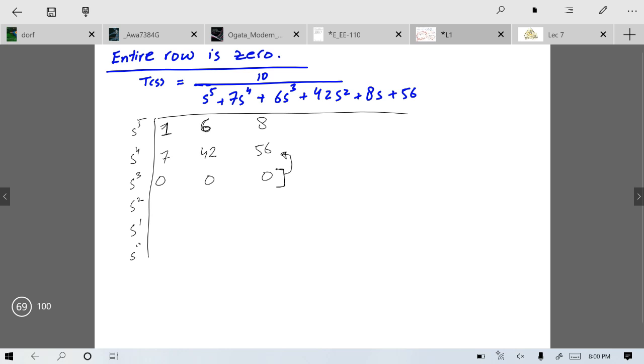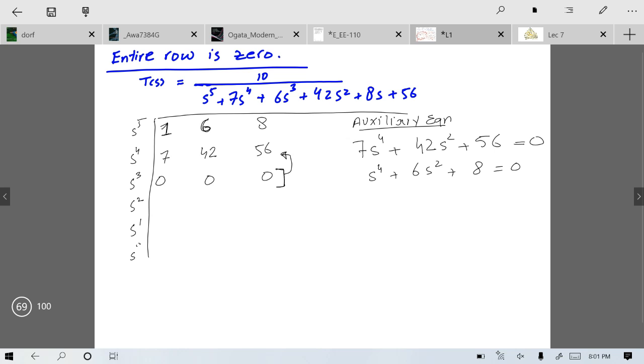So whenever your complete row is 0, you make an auxiliary equation with the help of the row above that 0 row, which in this case is 7, 42, and 56. So your auxiliary equation will be 7s^4 plus 42s^2 plus 56 is equal to 0. So this will be your auxiliary equation. We can also write it as s^4 plus 6s^2 plus 8 is equal to 0.